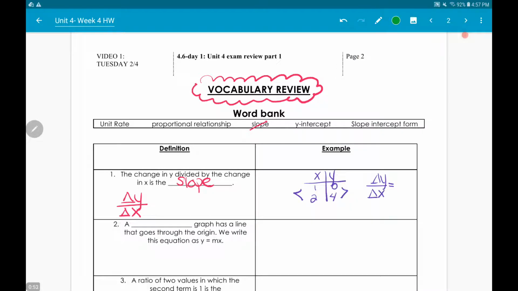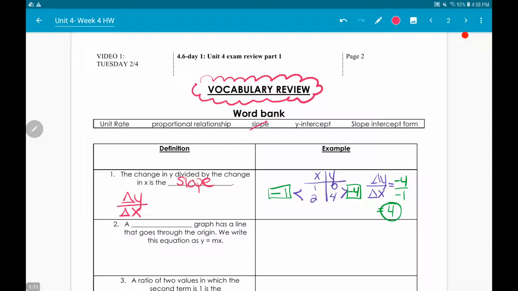So for example, 0 minus 4 is negative 4. That's my change in y. And 1 take away 2 is negative 1. And when we divide those two things, we get 4. That is an example for slope.